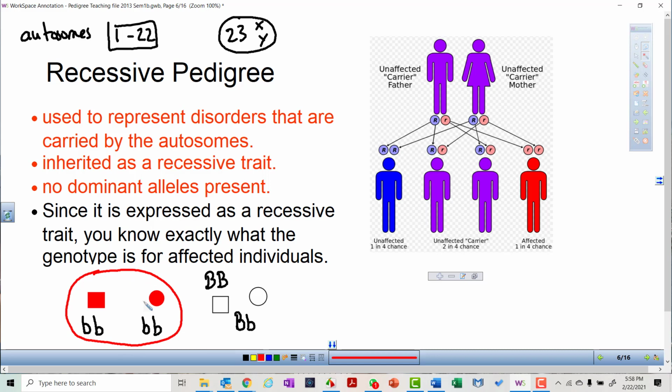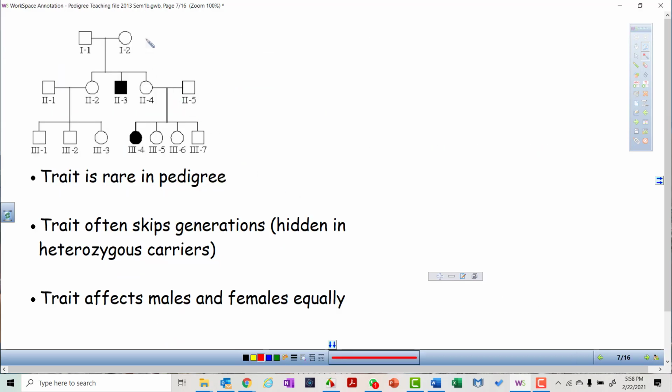Now, looking at an example of this, here is a recessive pedigree. Notice how it's very different from the dominant pedigree. In the dominant pedigree, we saw that in every single generation, it was quite common. In a recessive pedigree, it's different. It's very uncommon. It still affects boys and girls equally, right? In this case, it doesn't have to because it's probability, right?